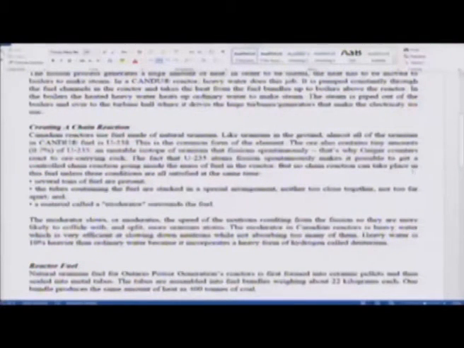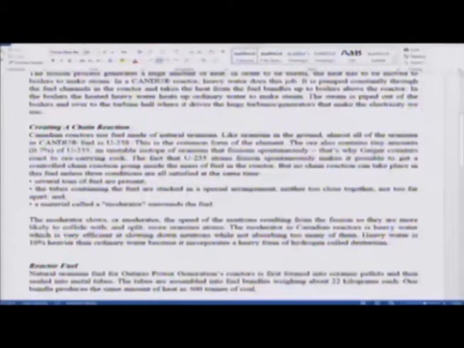But no chain reaction can take place in this fuel unless three conditions are all satisfied at the same time. Several tons of fuel are present, the tubes containing the fuel are stacked in a special arrangement, neither too close together nor too far apart, and a material called a moderator surrounds the fuel. The moderator slows or moderates the speed of the neutrons resulting from the fission.